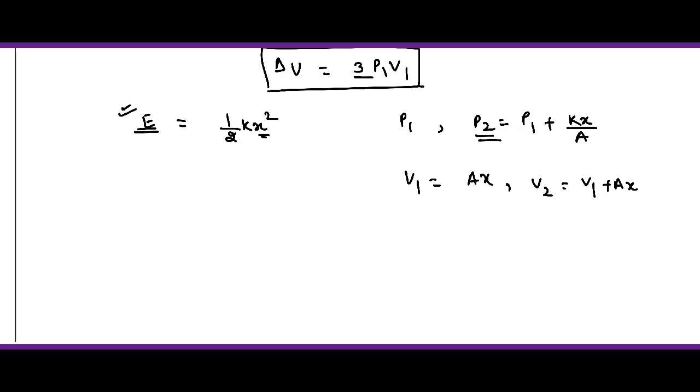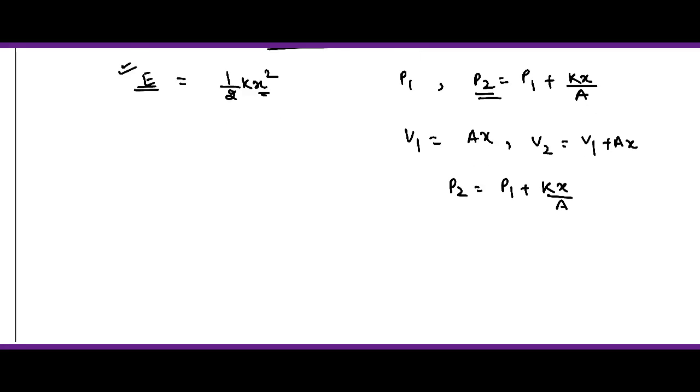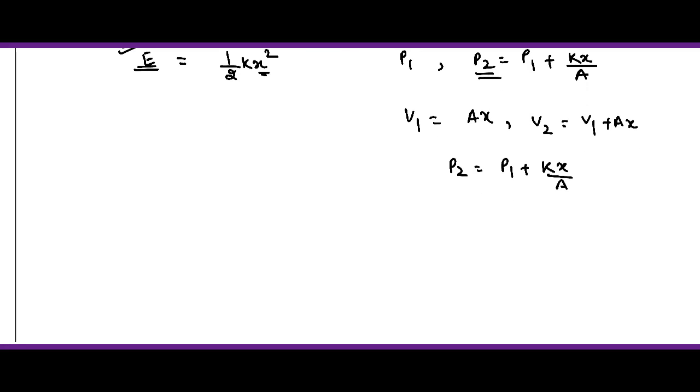From the equation P2 equals P1 plus kx by A, I put the value of P2. So P2 equals P1 plus kx upon A. Now putting the value of P2, which we already calculated, that is 3 by 2 P1.